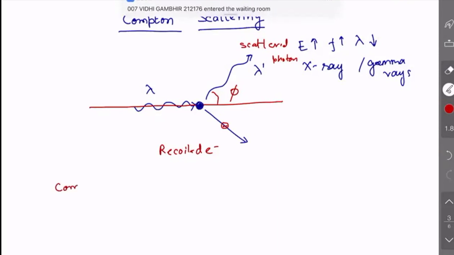So in order to calculate this, the Compton shift is given by lambda prime, the modified wavelength, minus lambda, the original wavelength.